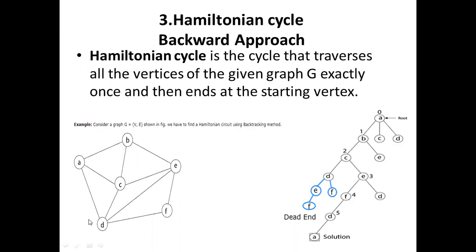Then I should come back to the starting vertex. That means the starting vertex I can visit two times: one is the starting time, the next is the ending time. All the other vertices I can visit, but exactly once, only one time.